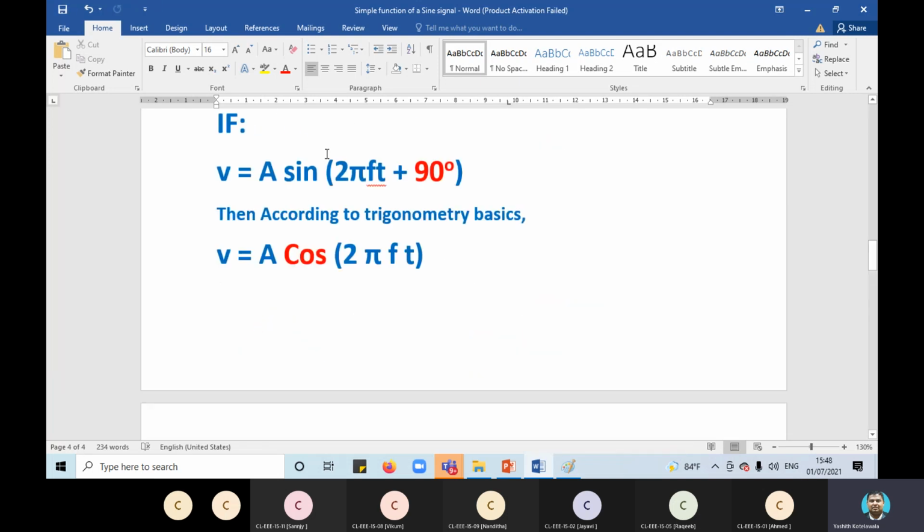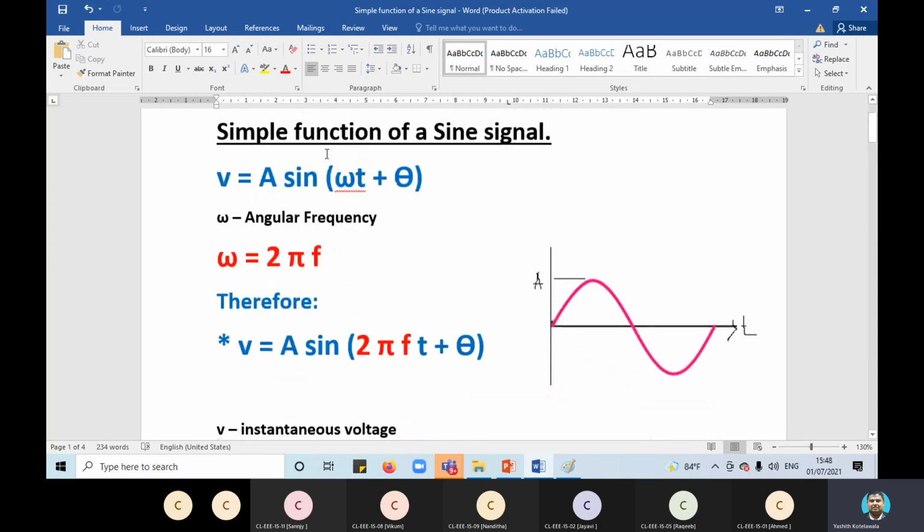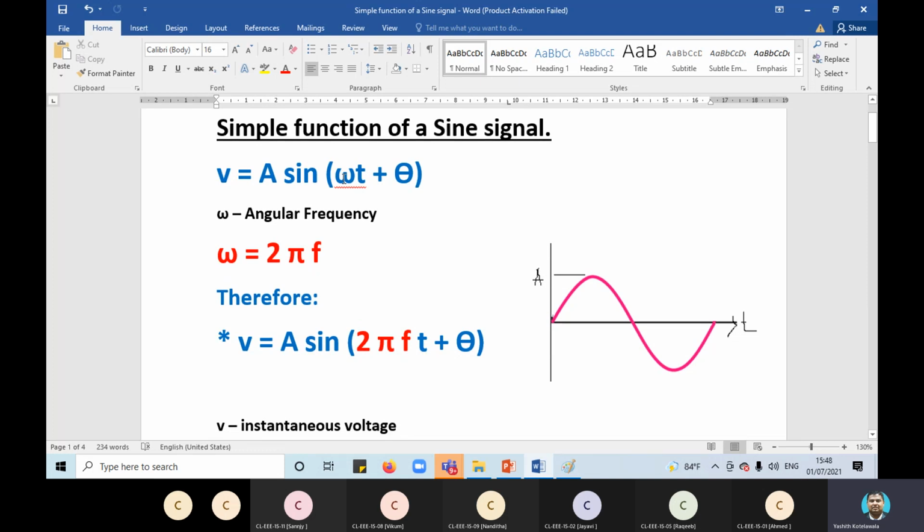So let me take you from the beginning. Just a simple sine function, v equals A sin(omega t plus theta). When you are referring to content, you will see omega t, so you need to make sure what omega is.